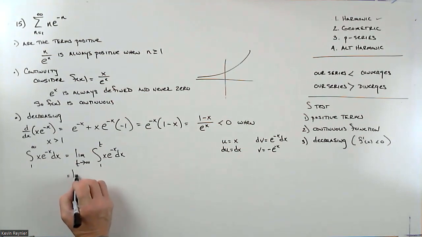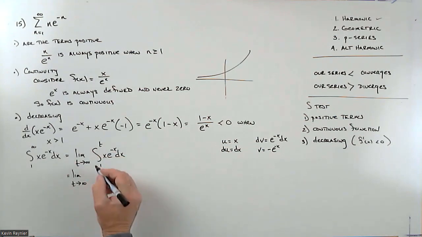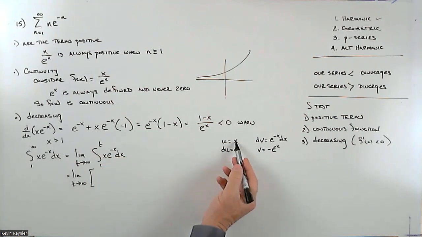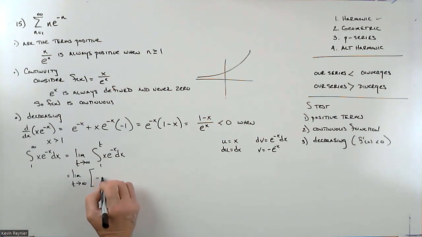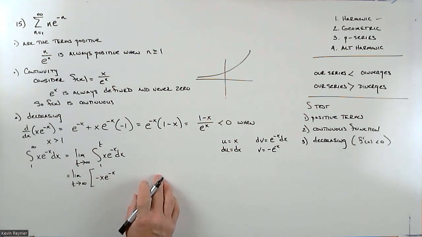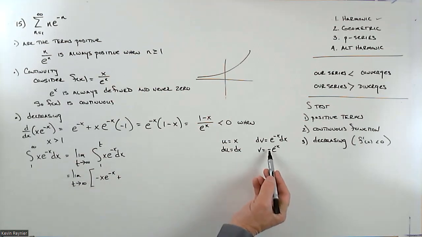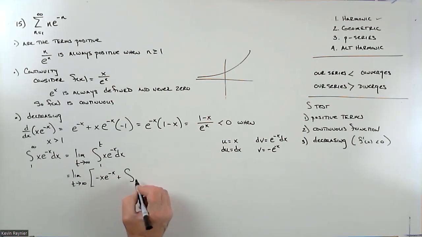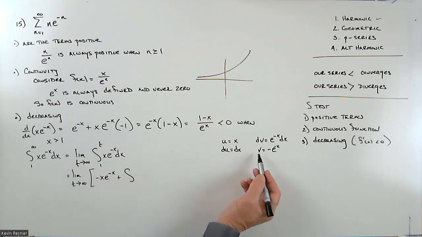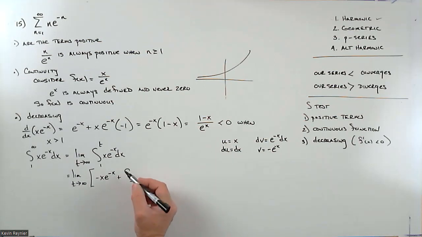This is the limit as t approaches infinity. We integrate by parts, so we get uv, which is minus x e to the minus x, plus, it's really minus, but I'm factoring in this negative right here, the integral of v du. So that negative made this a plus, and we have e to the minus x dx here.